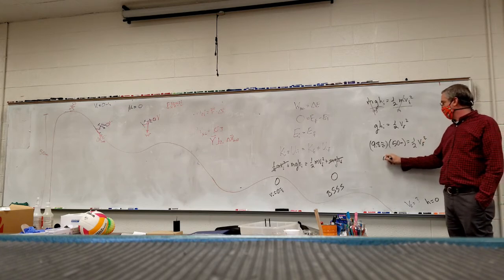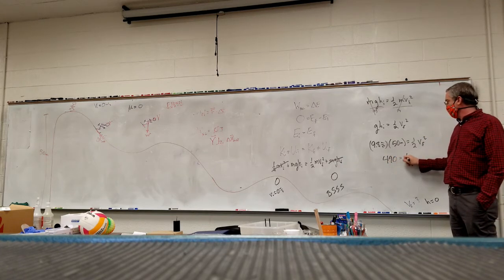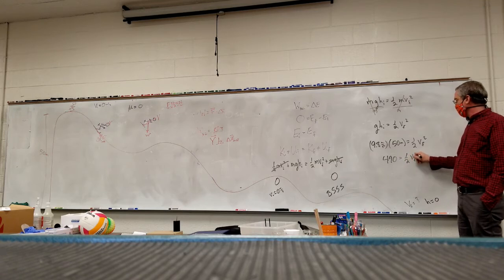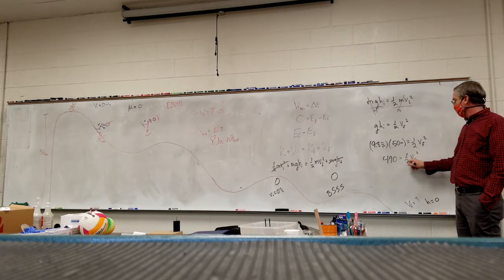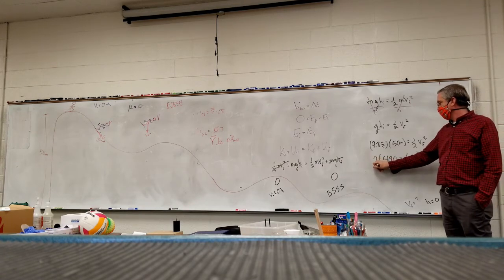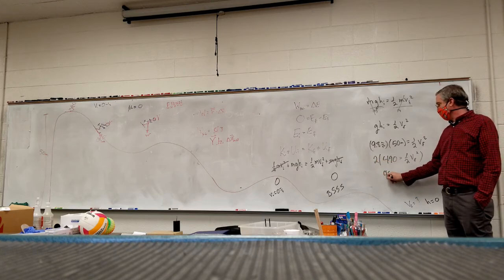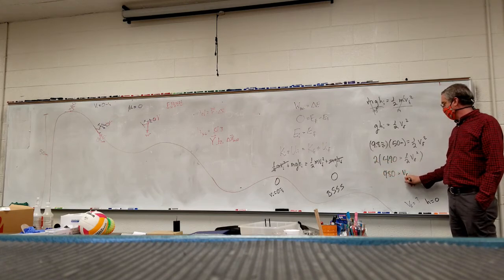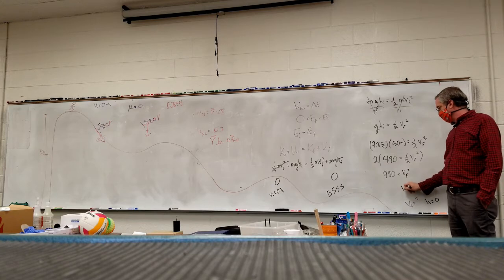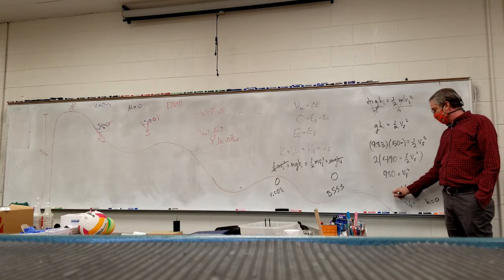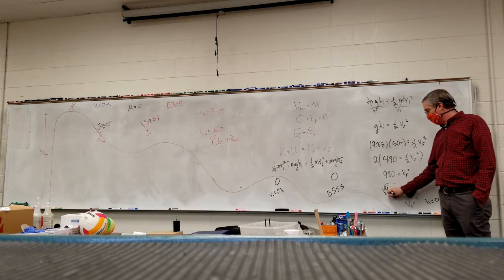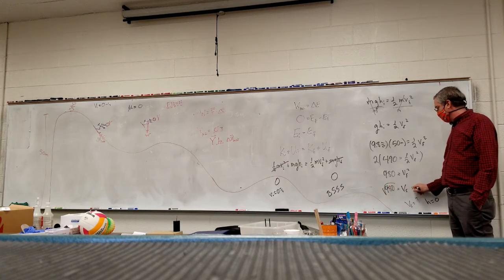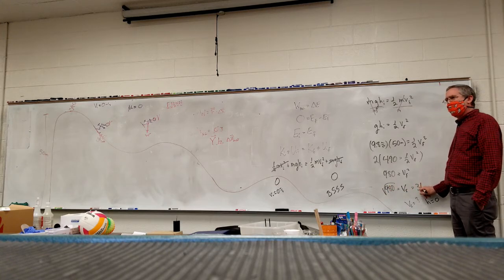So this is 490 equals 1/2 v final squared. Multiply both sides by 2. So I have 980 is equal to v final squared. So v final is the square root of 980, which is 31.3.